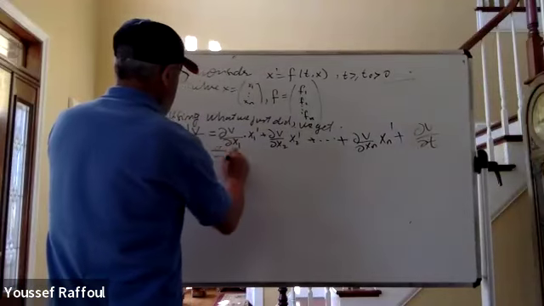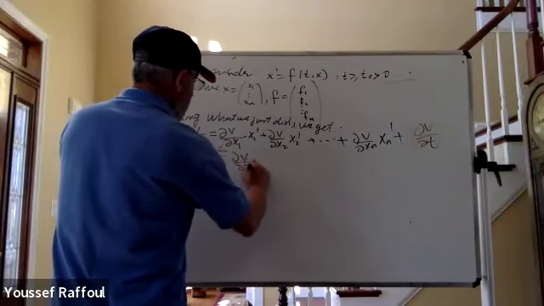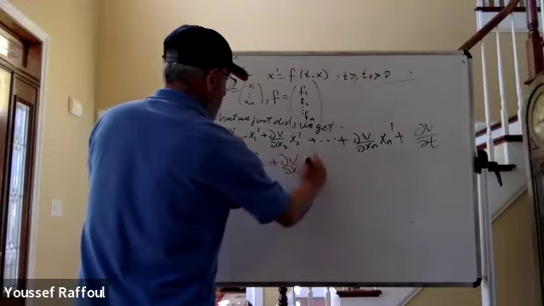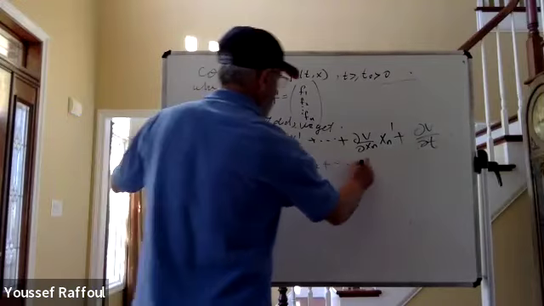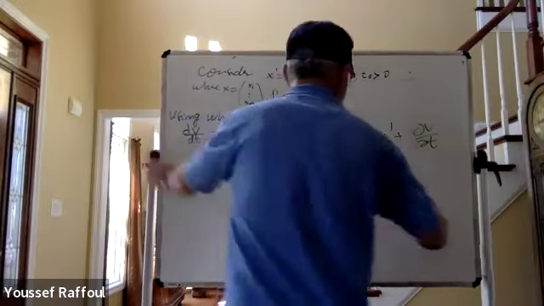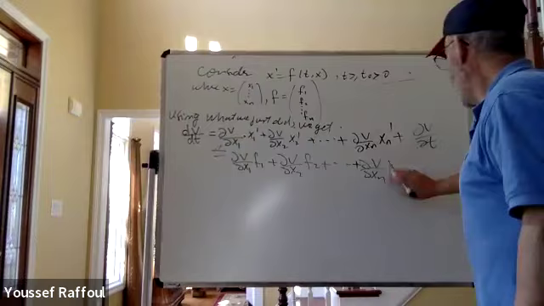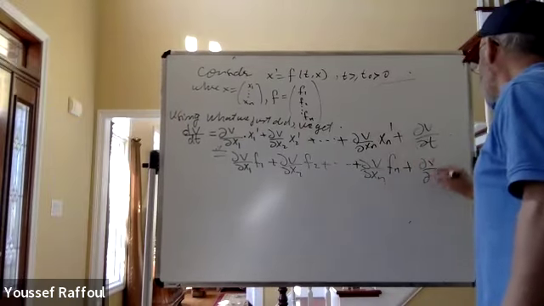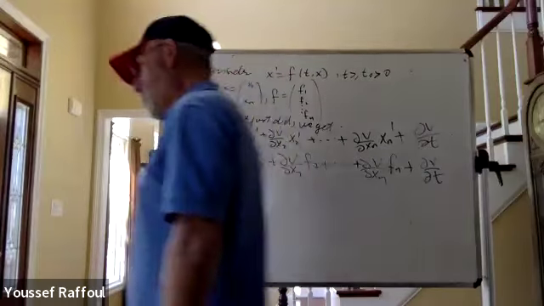And this is equal to del V over del x1 f1 plus del V over del x2 f2 plus del V over del xn fn plus del V over del t. Okay?